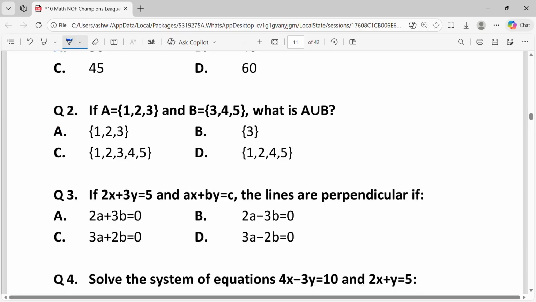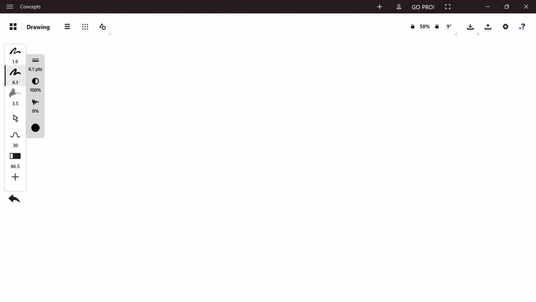Question 2. If A = {1, 2, 3} and B = {3, 4, 5}, what is A union B? The union of two sets A and B, denoted as A ∪ B, is the set containing all elements that are in A or B or in both.